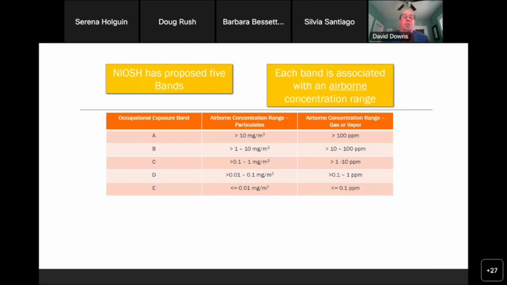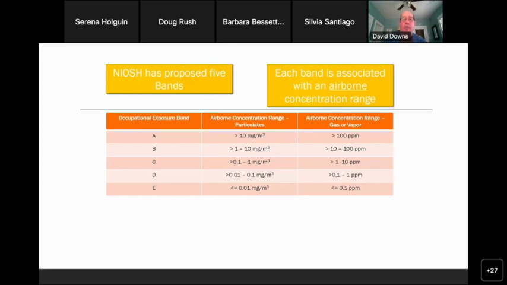So NIOSH has proposed 5 bands, and they classify theirs as A, B, C, D, and E. And each band is associated with an airborne concentration range.